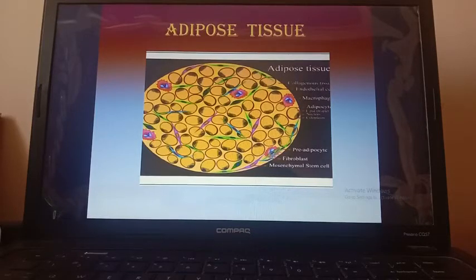Already I have told that it forms a shock absorbing tissue around important organs. As it is present beneath the skin, it helps to give a proper shape to our body, and also it forms an insulating layer below the skin. Insulating layer means it can store the body heat inside our body.